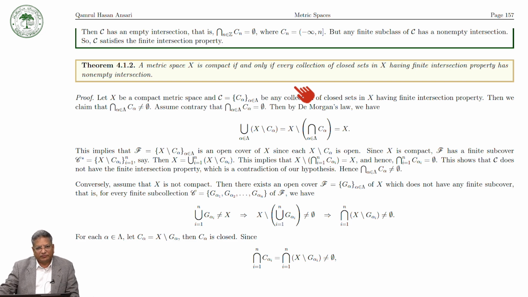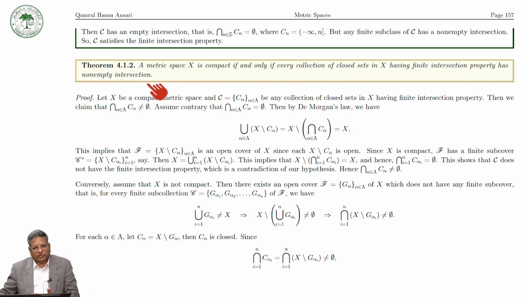Now we are reversing this: instead of taking a collection of closed sets where any finite intersection is non-empty, we take the property that the collection has empty intersection.